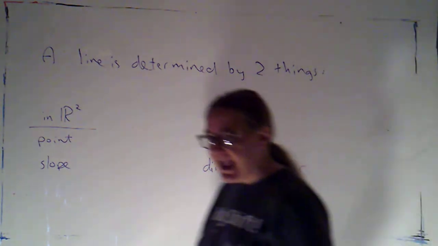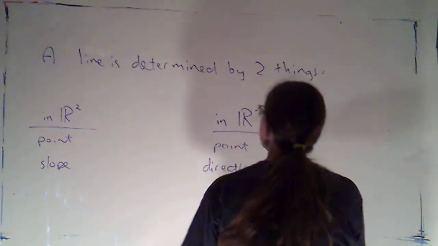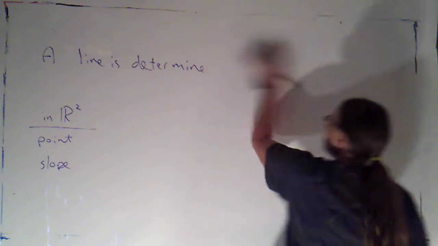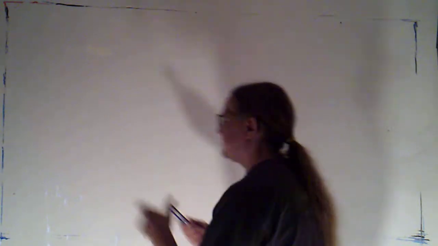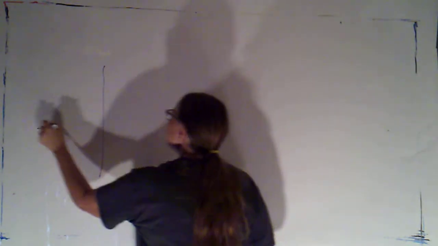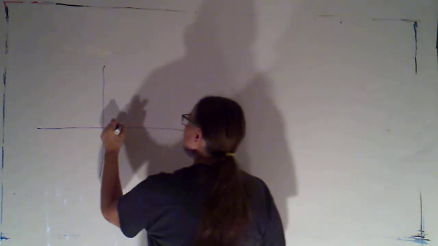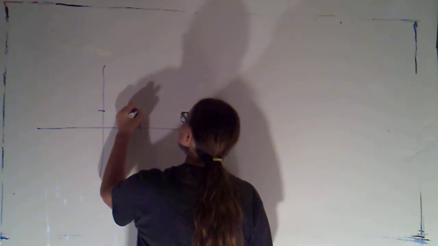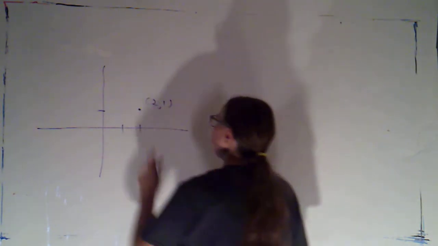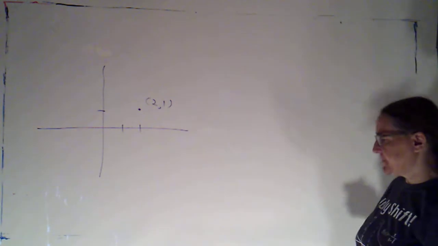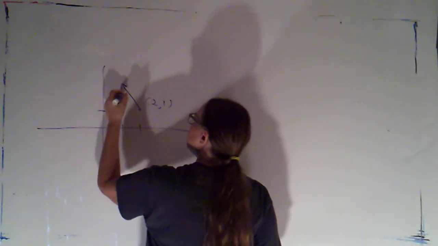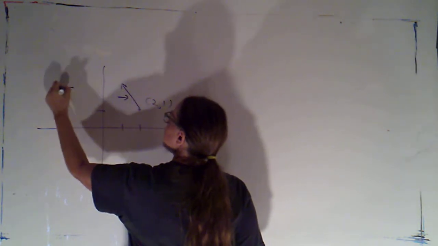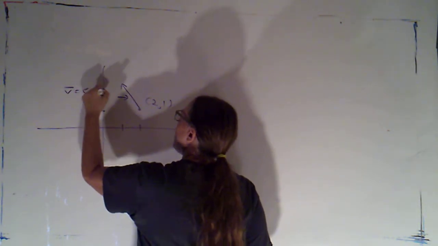Let's just take a look at an example. I'm going to do an example in 2 space so that I can graph it completely accurately. Well, close enough. Okay. Let's suppose that I want a line that's going to go through the point 2, 1, and I want the direction of the line to be determined by this vector v, and let's say v is -1, 1.